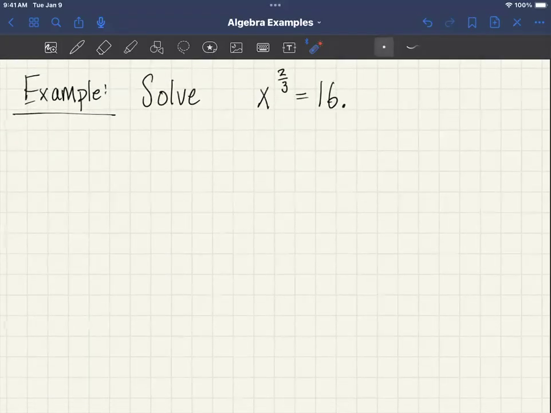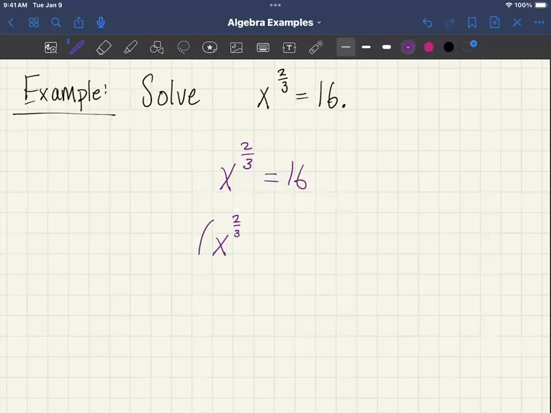All right, let's go back to our problem up here. I'm going to rewrite our problem. We have x to the 2/3 is equal to 16. And that exponent is so, whew, let's get rid of it. So the way that we're going to get rid of it is we are going to get a fancy 1 there.